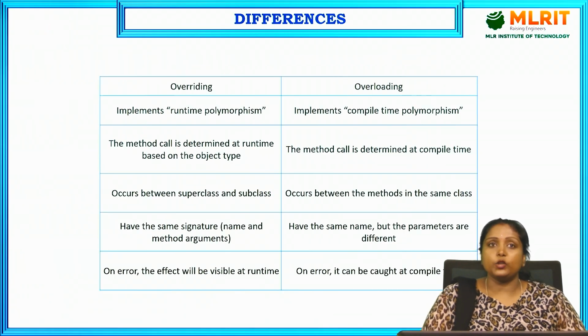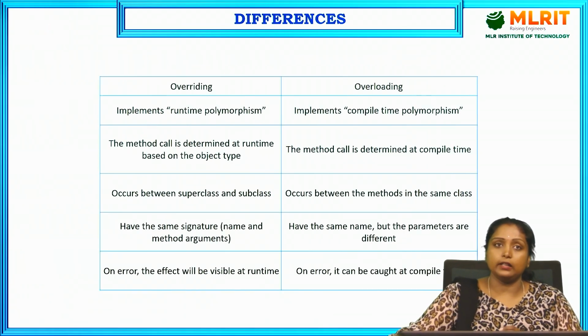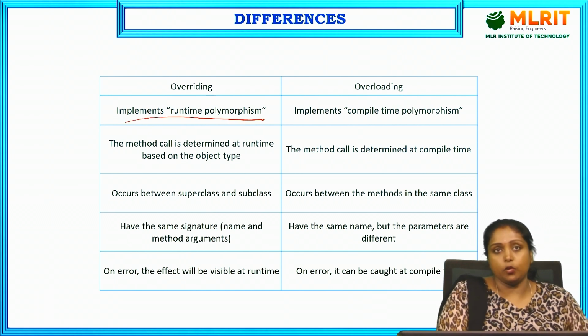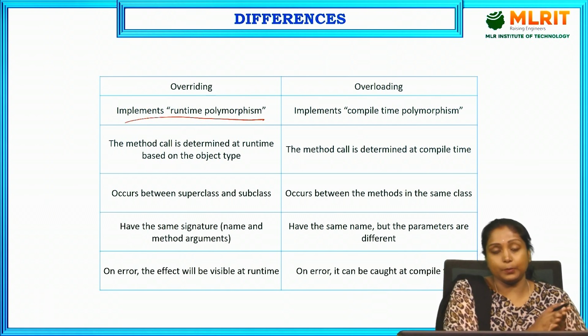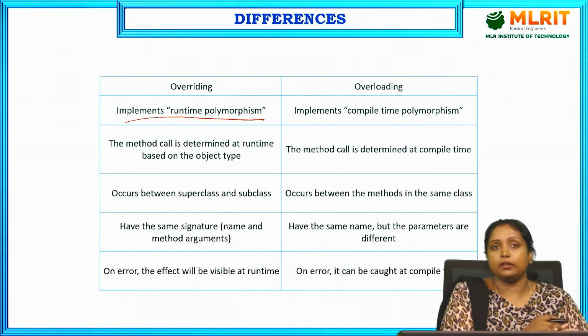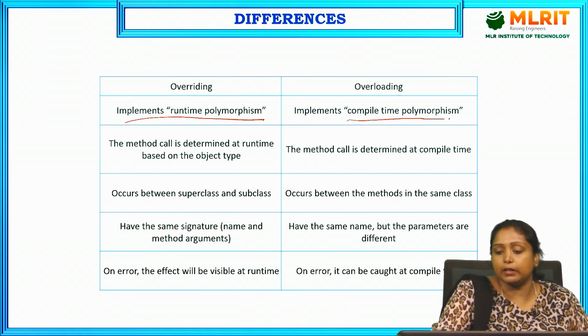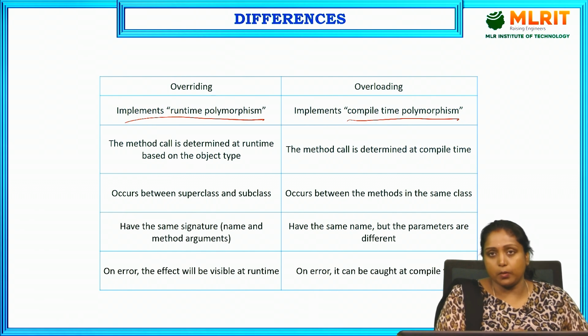Now coming to the differences between method overriding and method overloading. Overriding implements runtime polymorphism. At the time of runtime only it will decide which method has to be executed, and overloading implements compile time polymorphism. Based on the arguments and type of arguments, it will call the method.